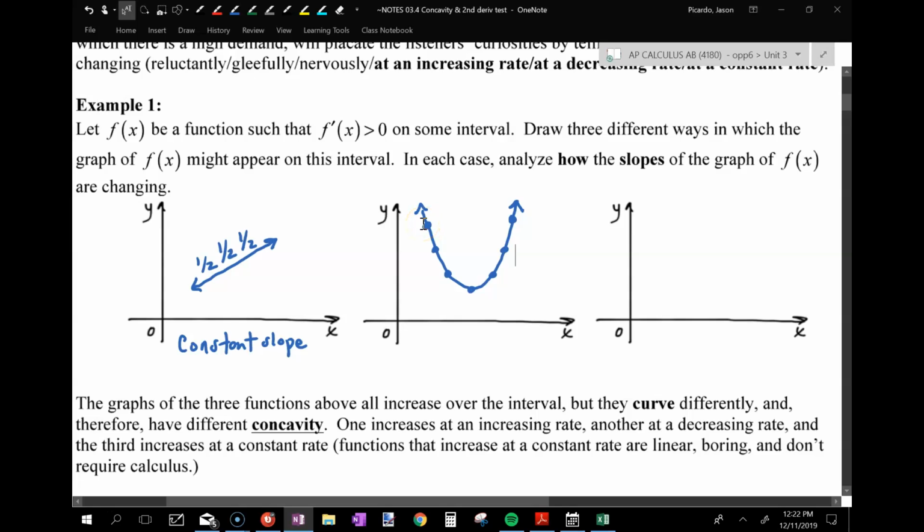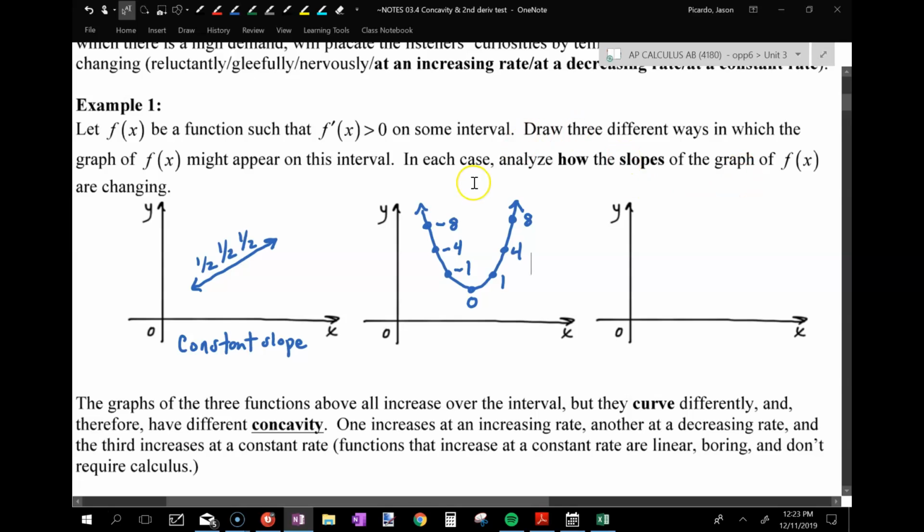Give me a number. -8, sure. What's the slope here? Sure. What's the slope here? Sure. What's the slope here? 0. What's the slope here? And you want to just go with 4 and 8? Wonderful.